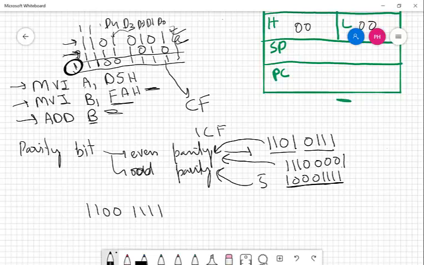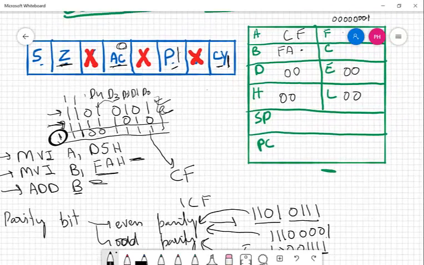So the number of ones in the result was 6, that's even parity. And in case of 8085, if we get an even parity number in the accumulator after an arithmetic operation, this parity bit is set, it will get 1.